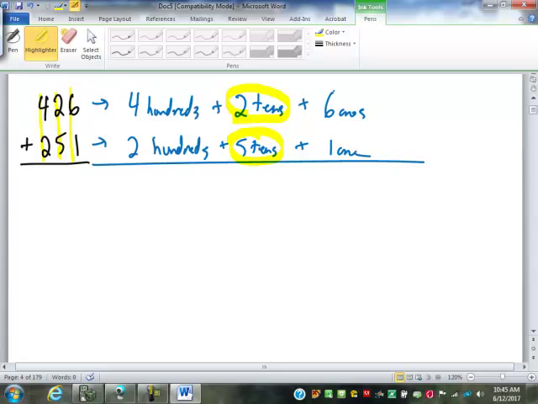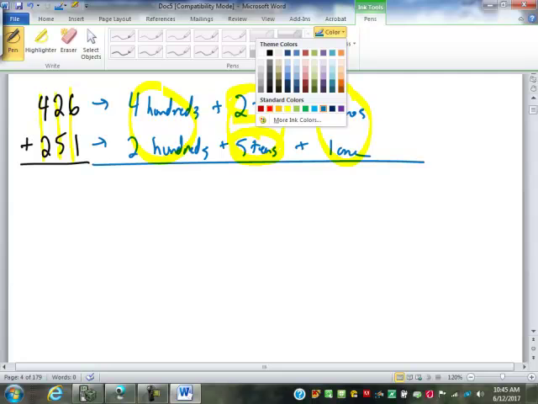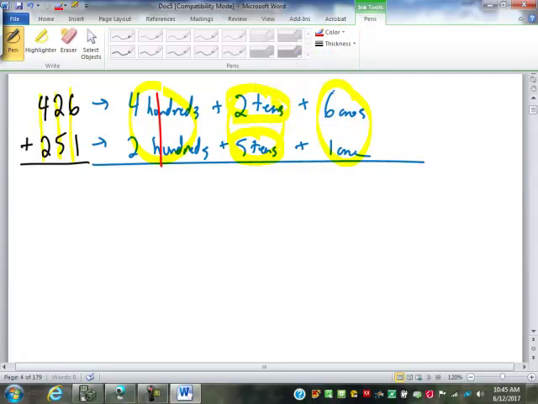By lining up the columns, I'm making sure I line up the things that have the same name. Once I've done that, I can just add down the columns. 400s and 200s make 600s. 2 10s and 5 10s make 7 10s. And 6 1s and 1 1 make 7 1s. So I get 677.